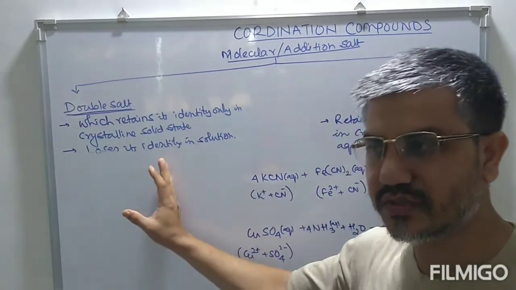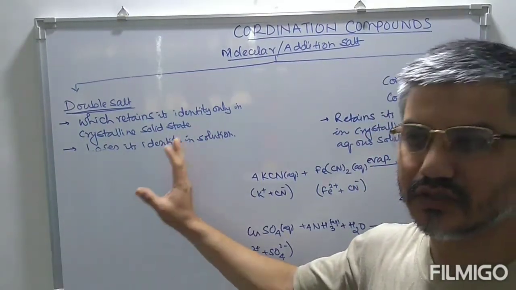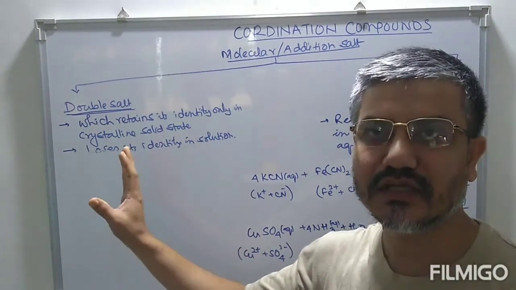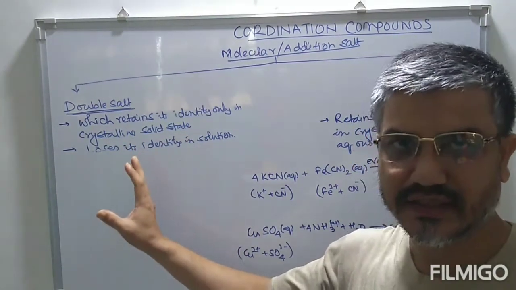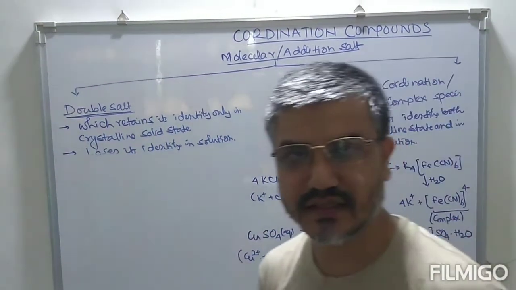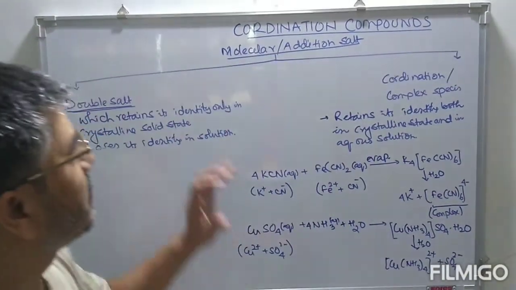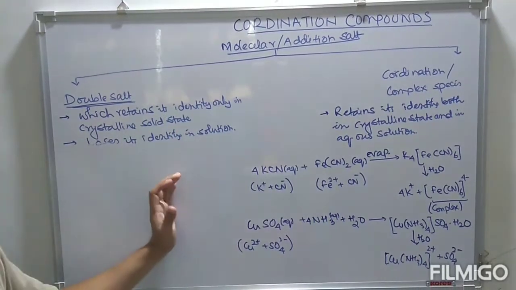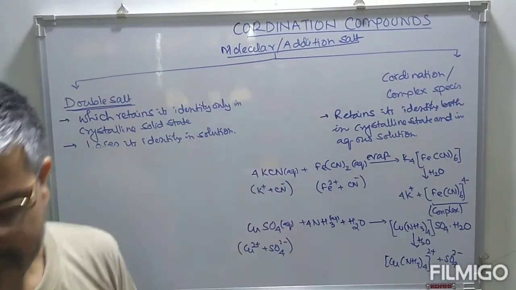Once this is dissolved in water, it loses its individual identity, whereas the ions will retain their individuality. So these are two types of molecular addition or molecular salt.